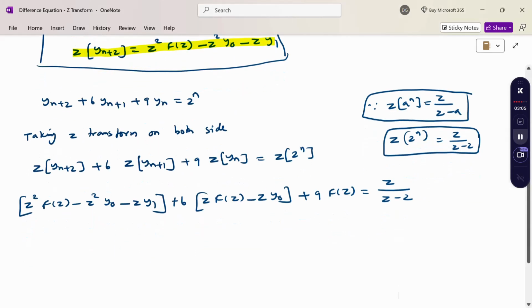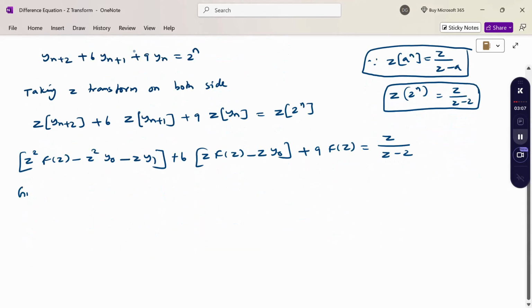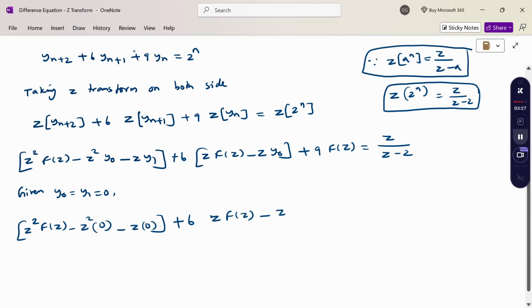Now this problem is given y(0) = y(1) = 0. Therefore using y(0) = y(1) = 0 in this equation, z squared F(z) minus z squared 0 minus z 0. This is the first term. Then next term 6 into z F(z) minus z 0, plus 9 into F(z), equals z by z minus 2.